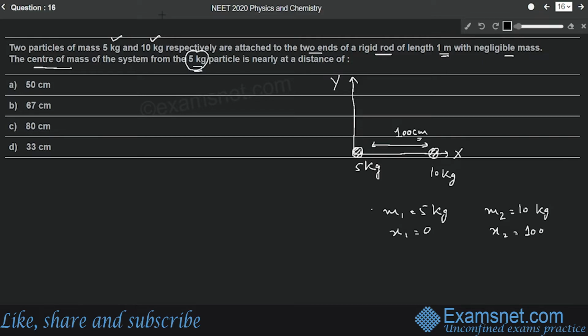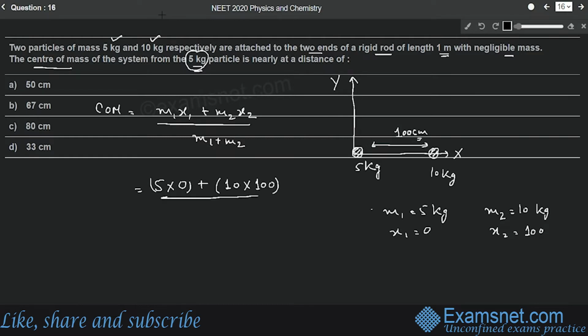Now we can find out the center of mass using the formula m1 into x1 plus m2 into x2 divided by the sum of masses, that means m1 plus m2. Okay, so m1 is 5, x1 is 0, plus m2 is 10 and x2 is 100, right?